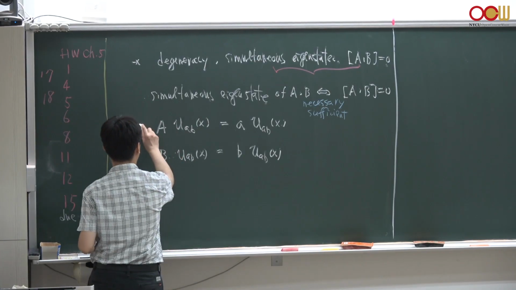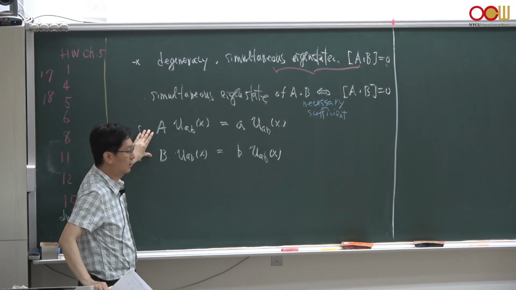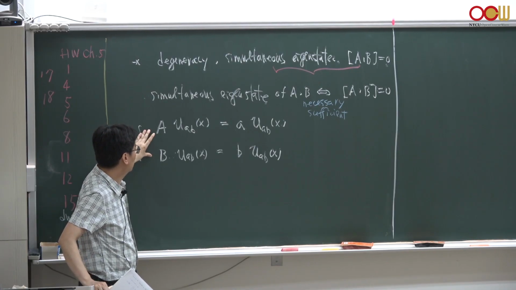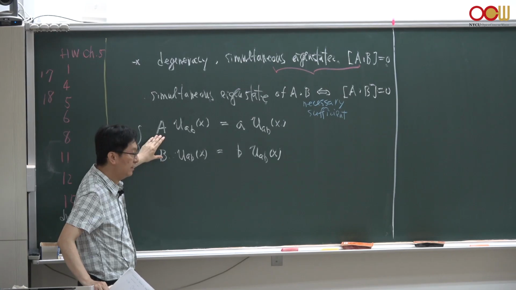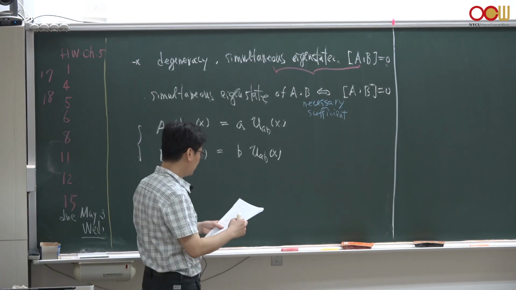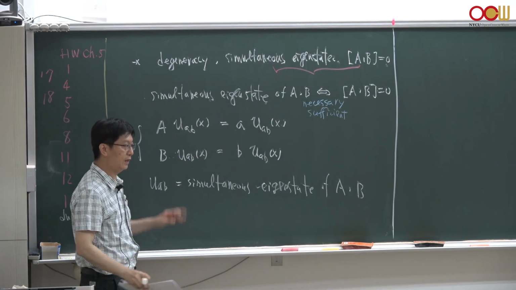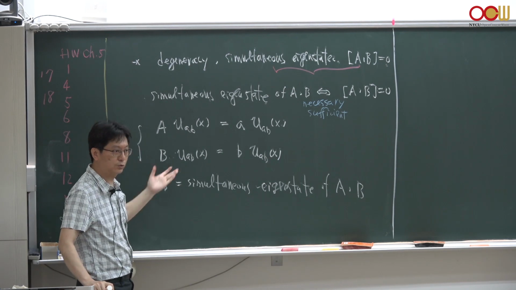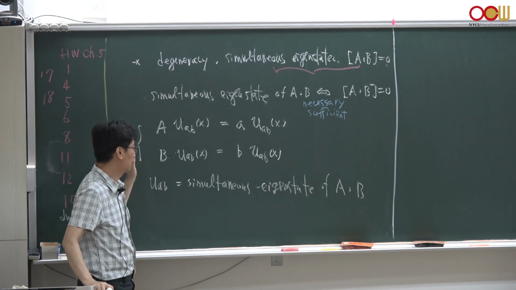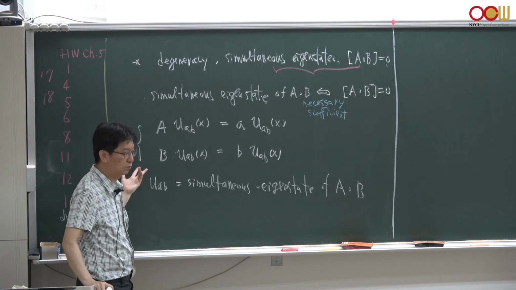Both equations are satisfied. So u_AB satisfies the eigenvalue equation for A and also for B, with a different eigenvalue. This is the definition of a simultaneous eigenstate. Suppose we have such a state, which we do have. There are millions of examples in quantum mechanics where some eigenfunctions can be eigenstates of two operators.